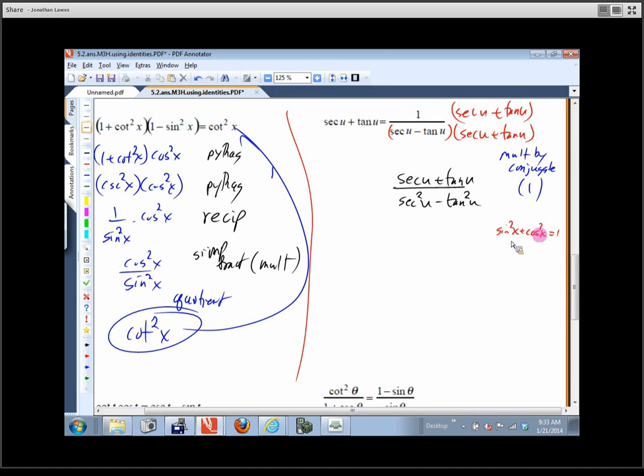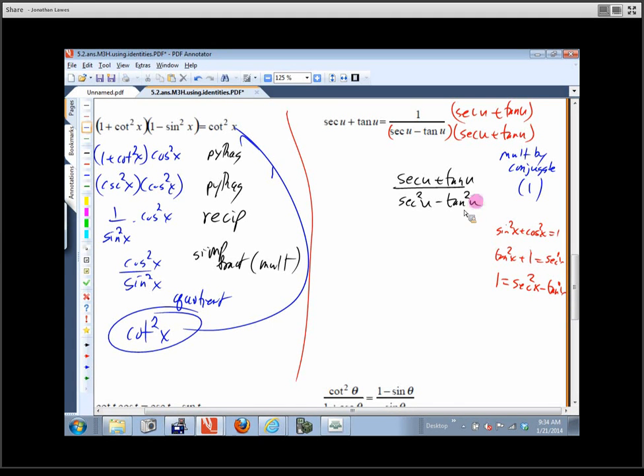If I divide everything by cosine, that would be tangent squared x, that's going to be 1, and that's going to be secant squared x. I need a positive secant squared and a negative tangent squared, so I'm going to move this to the other side. So 1 is equal to secant squared x minus tangent squared x.